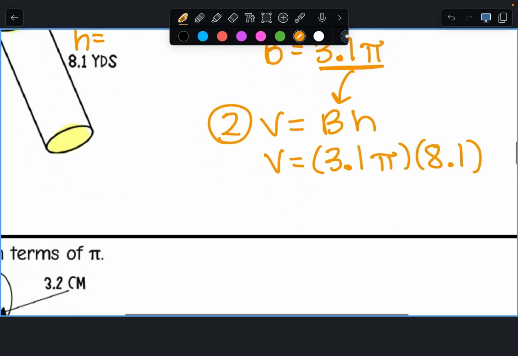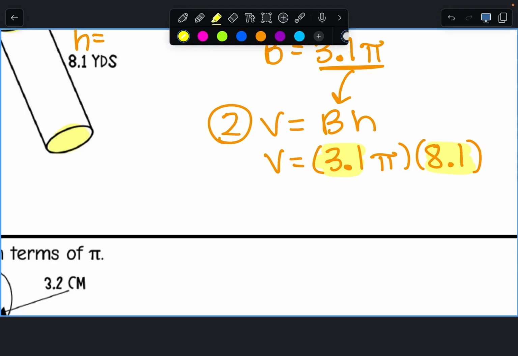So let's go through it. Is 3.1 a number? Yeah, that goes in the calculator. Is pi a number? Doesn't go in the calculator. Is 8.1 a number? Yeah, so 8.1 goes in the calculator. So the only thing that goes in the calculator is 3.1 and 8.1.